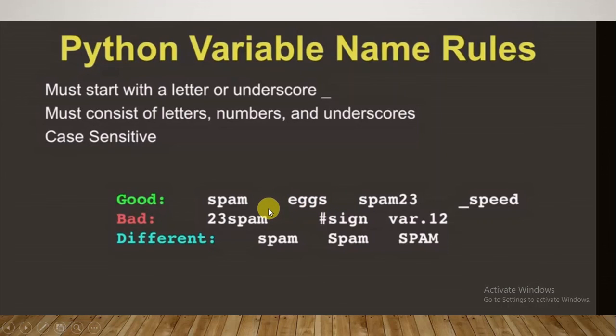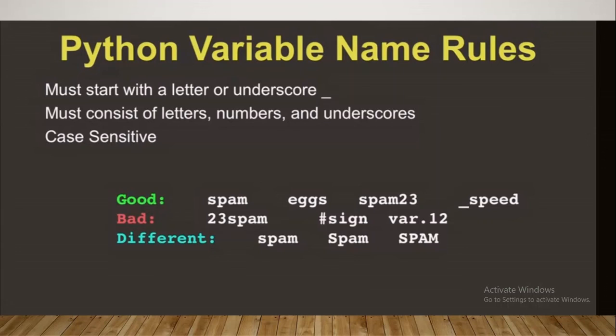Next, what are bad examples of variables? 2 3 spam, where the first character is a number. The next example, hashtag sign, starts with a special character, so that is also not valid. And var dot 12 contains extra things. Letters, numbers, and underscores are the only things we need in a variable name. We should not use any special characters. Here a dot is used, which is a special character, so that is completely rejected.